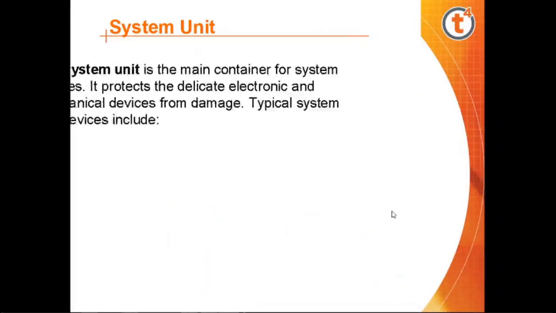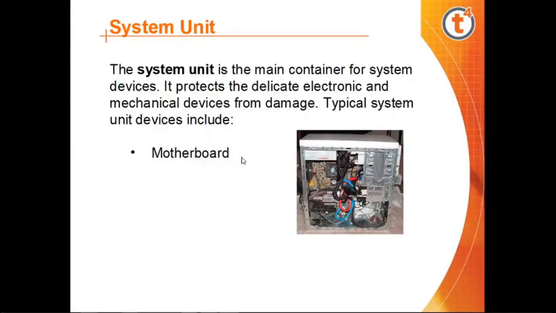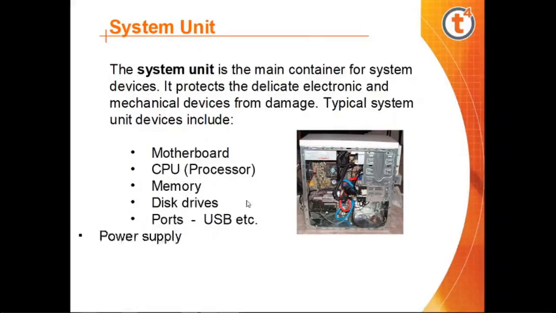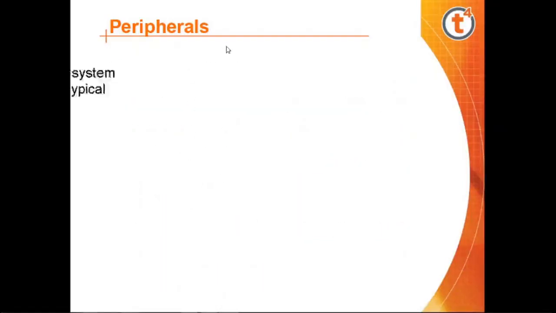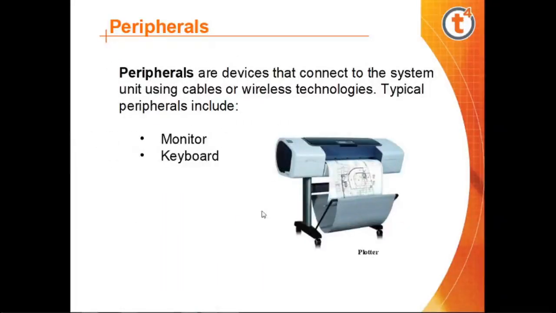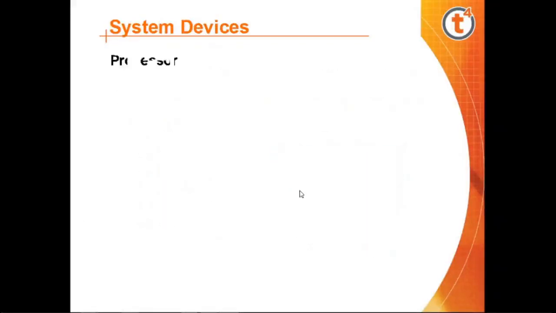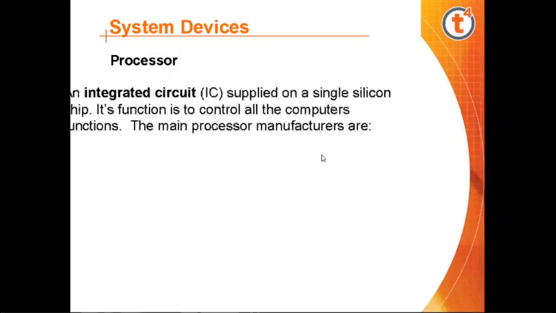Next, we studied system units: the motherboard, CPU, processor, memory, disk drive, port, power supply, extension card, and various peripheral devices that connect to our system, such as a printer to take a print, a plotter, a scanner, a monitor. A keyboard is an input device.